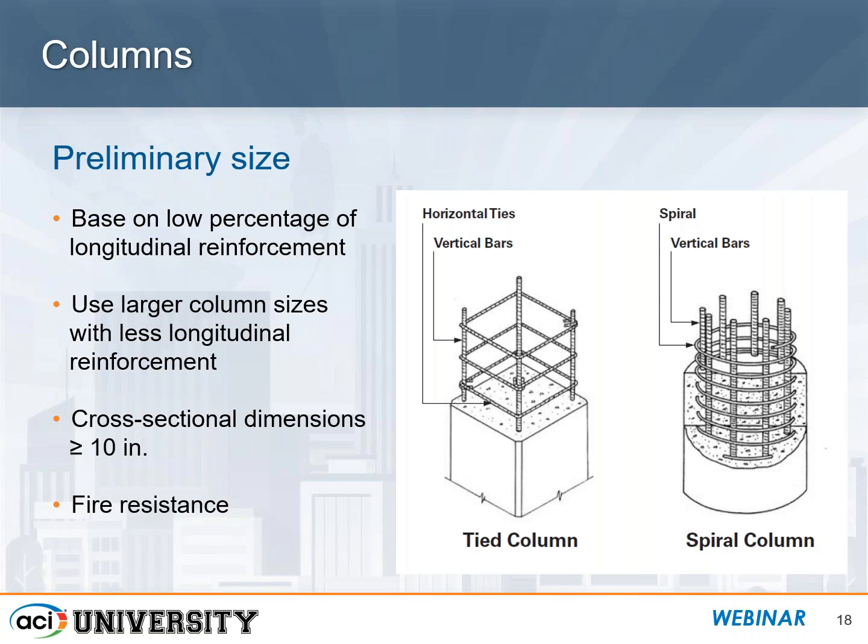Now, ACI 318 does not give minimum cross-sectional dimensions for columns in buildings assigned to seismic design category A through C. Basically, providing anything less than 10 inches in those seismic design categories is going to result in something that's not constructible.